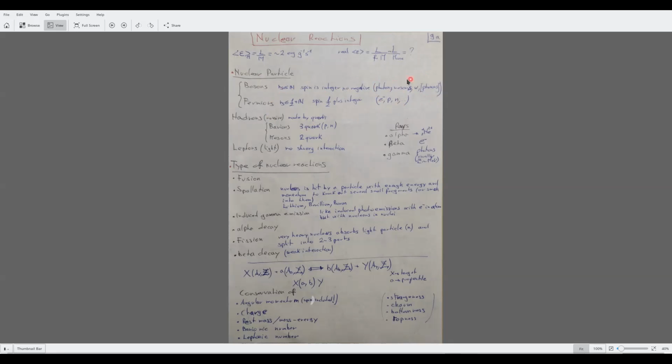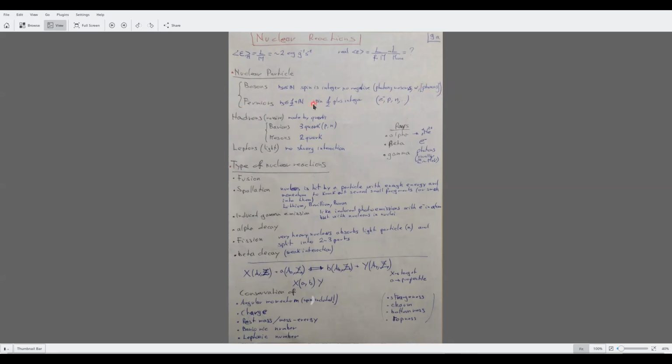Typical: photons, mesons, and something that is also not connected with nuclear reaction, phonons, but quite studied in physics, and the alpha particle.